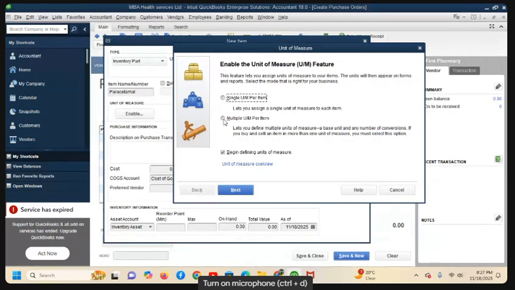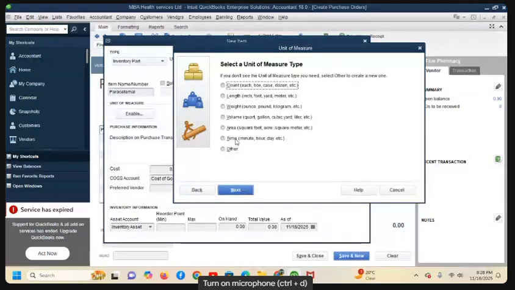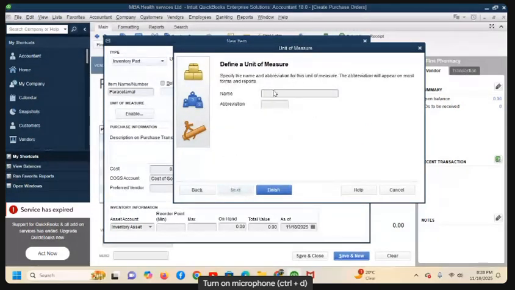You can set that from multiple. Now I'm going to use single because I'm going to use a single unit of measure. I can come here to others. Then I put, for example, that I'll be buying in a packet, or you can put a box. A packet, so the abbreviation is PCT.